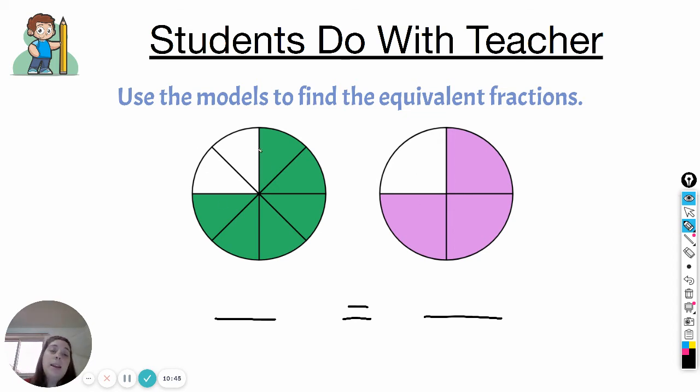Okay, let's go ahead and count to figure out your denominator, so your bottom number, and fill that in on your board. Find your denominator for this shape and fill that in on your board, and then we'll go over it together.